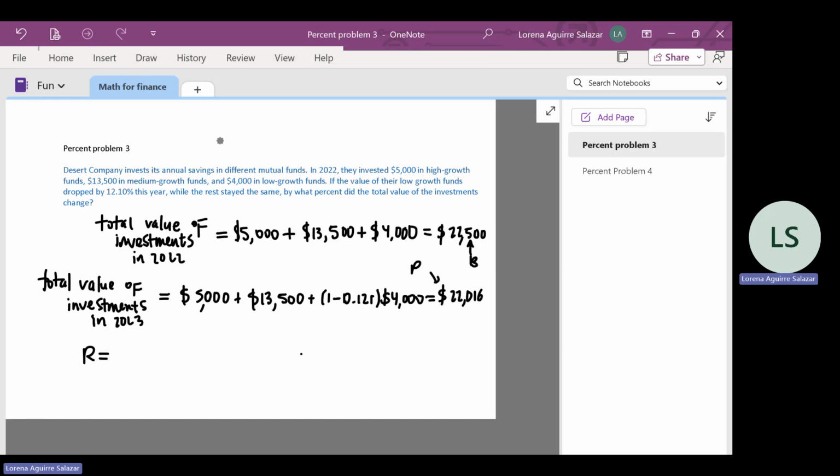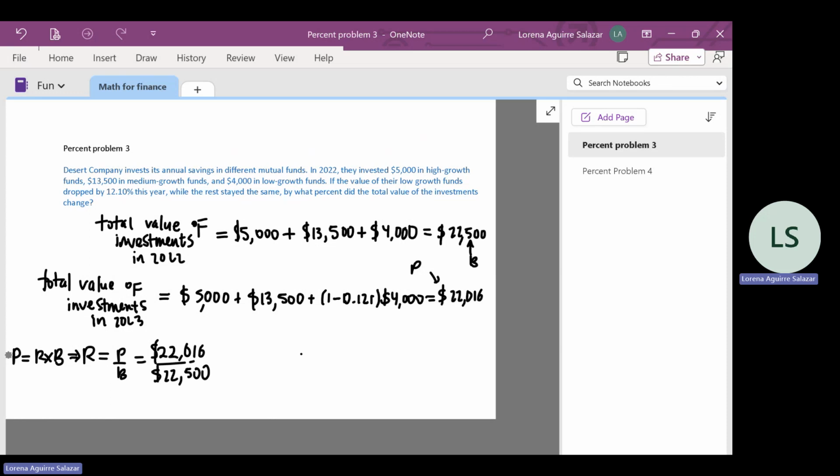To find that percentage, we do portion divided by base, because portion is rate times base, then the rate is portion divided by base. We get $22,016 divided by $22,500.